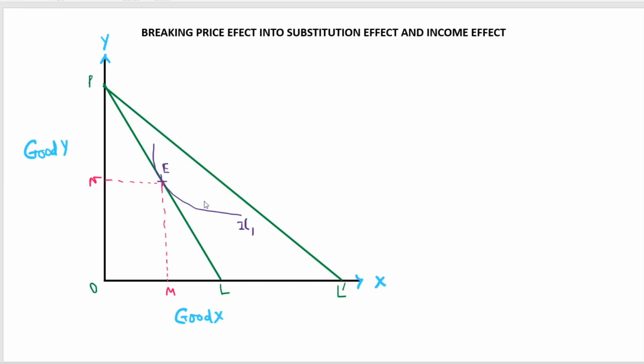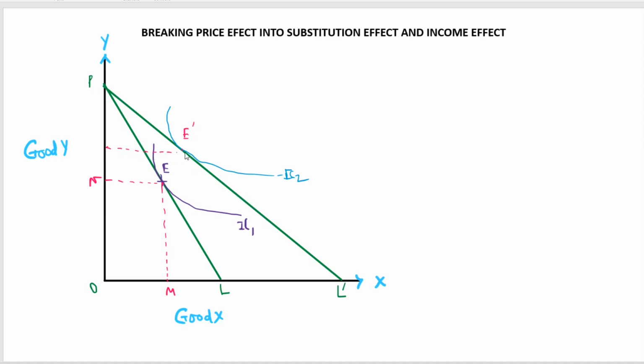Now as the condition has changed, the consumer is obviously on a higher indifference curve because the real income of the consumer has increased. So let us draw that indifference curve. Say that indifference curve is like this. This is my IC2, and suppose the new equilibrium is E prime.